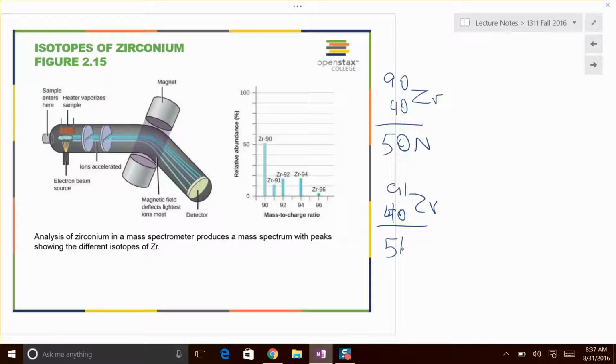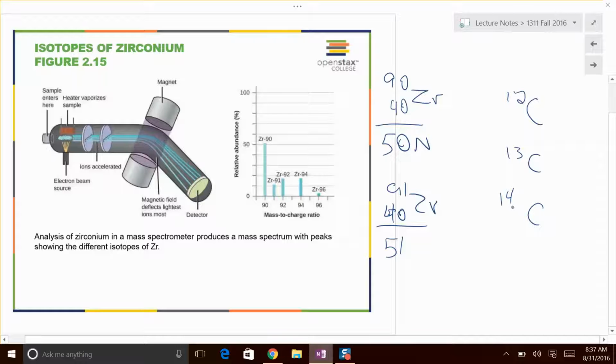No. Some of them are radioactive isotopes, and they can decay. So every element has isotopes. Carbon has isotopes. We have carbon 12, carbon 13, carbon 14.